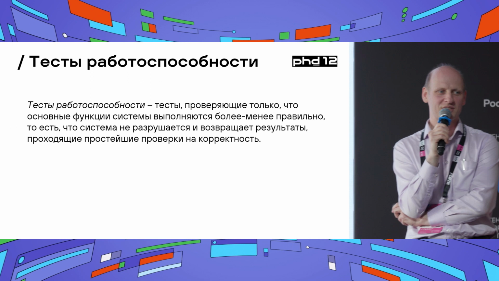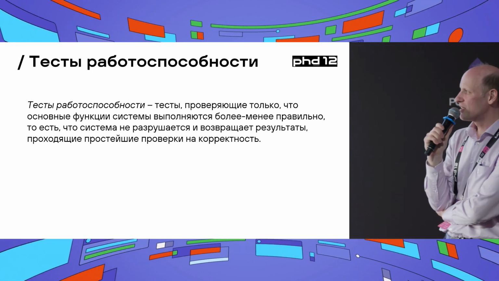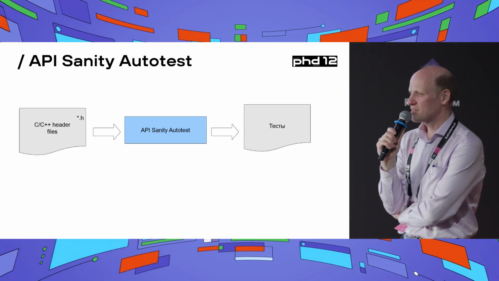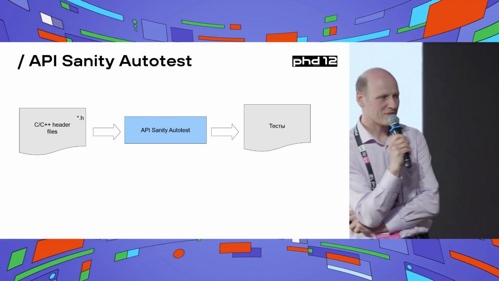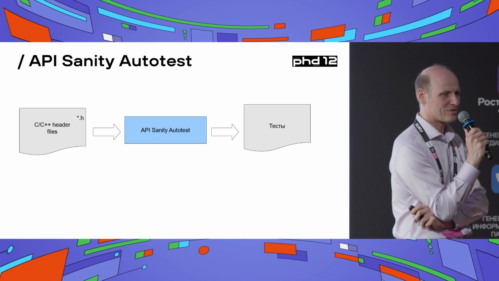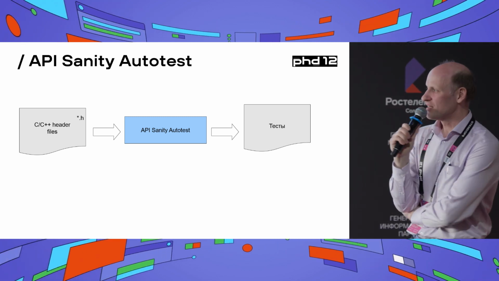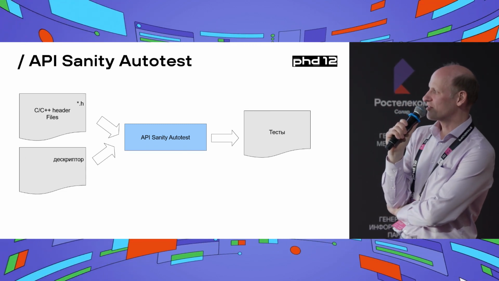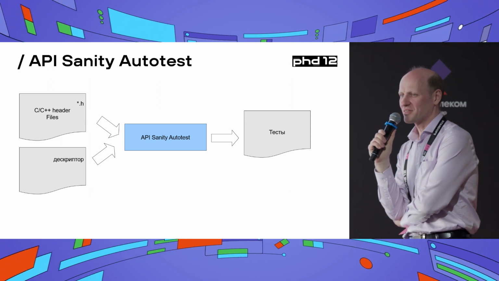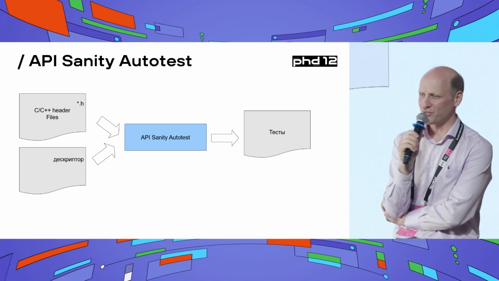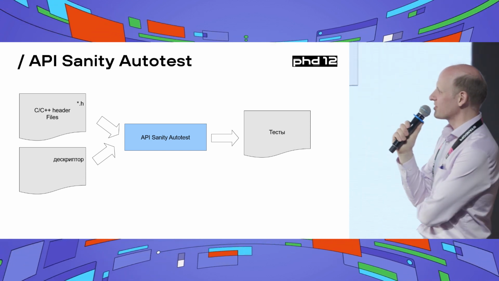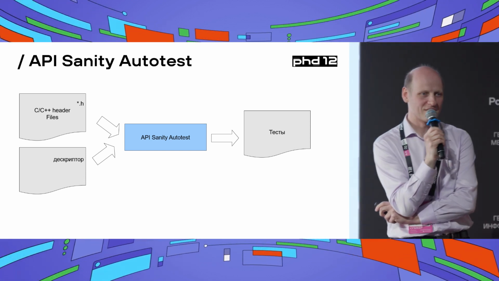So we decided to do tests that do minimum checks. And the idea was for us to generate tests. Well, headers are not sufficient. We needed to add some more substance.